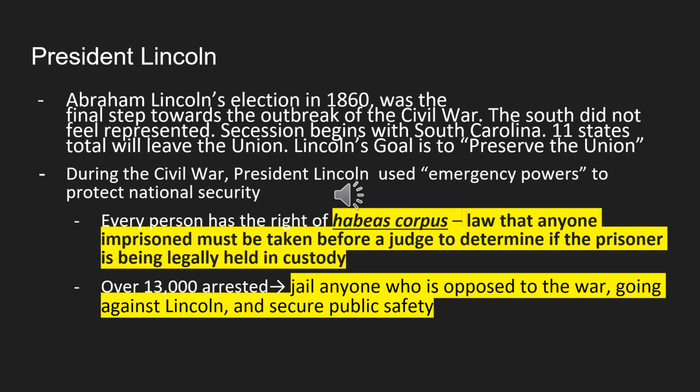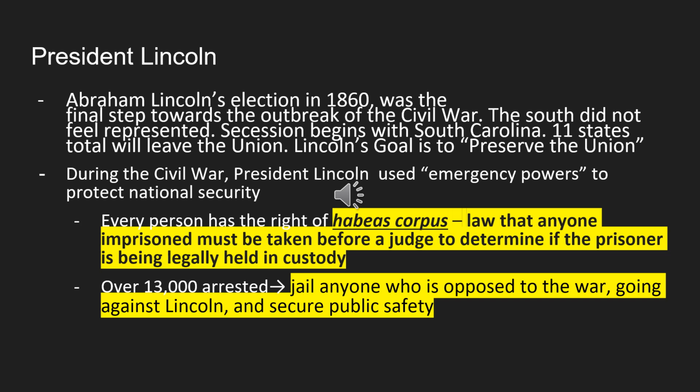Now, as we know from this unit, that was not his plan. Remember, he said if I could end the war without ending slavery, I would do it. However, once South Carolina secedes, Lincoln's main goal is to preserve the Union. That's what this is all about. Let's preserve the Union.